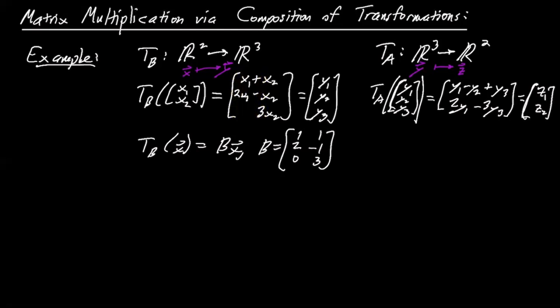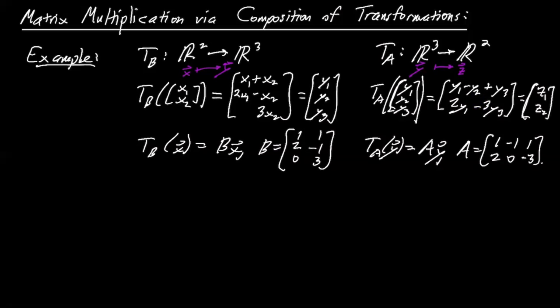And then similarly, TA of y is A times y, where A is the matrix whose first row is 1, minus 1, 1, and the second row is 2. There's no coefficient of y2 here, so we have a 0 there and a minus 3 there. Okay?